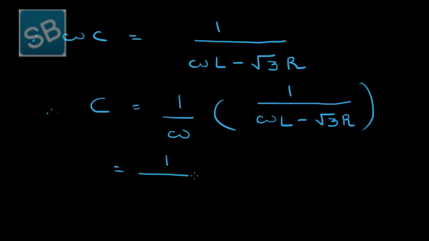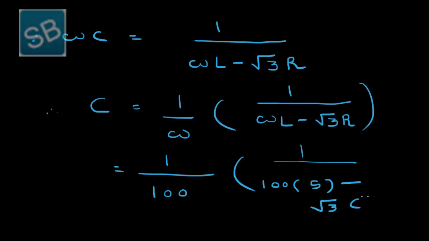Which is equal to, substituting the values of omega L and r, 1 upon 100 into, the value of omega being 100 again, now the value of omega L is 500 minus under root 3 into the value of resistance R, that is 100 ohm.